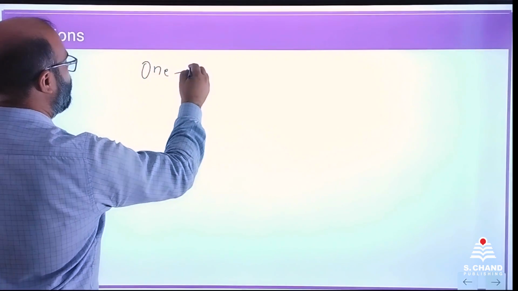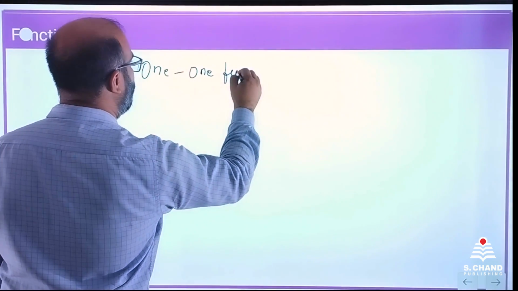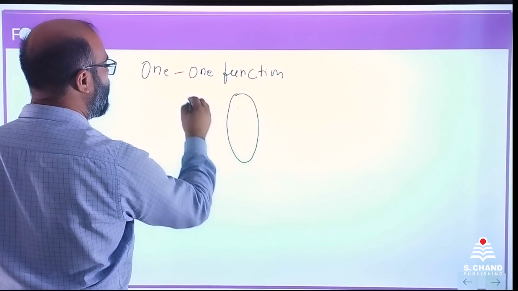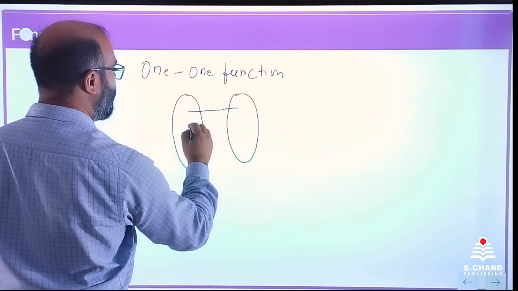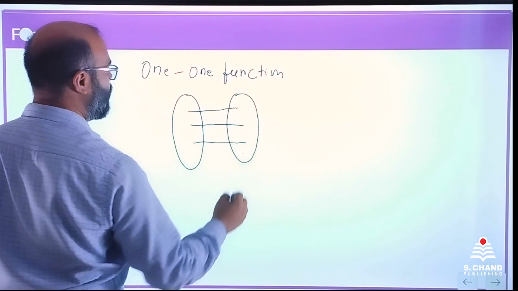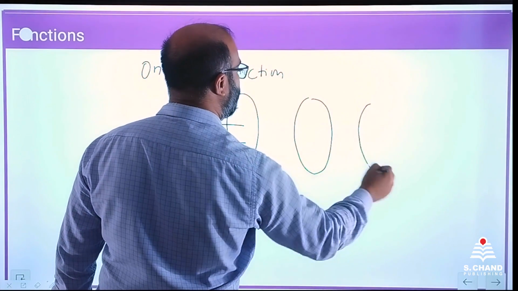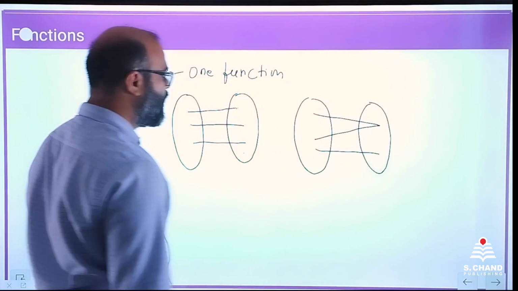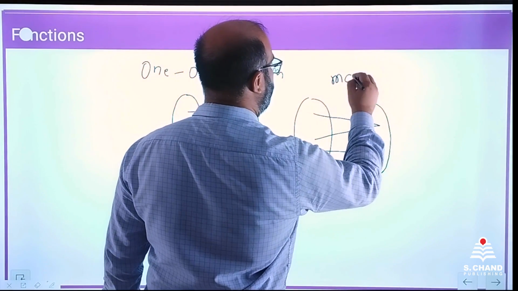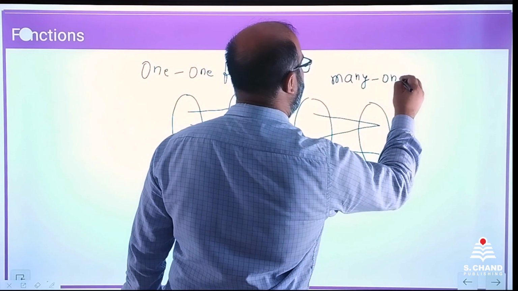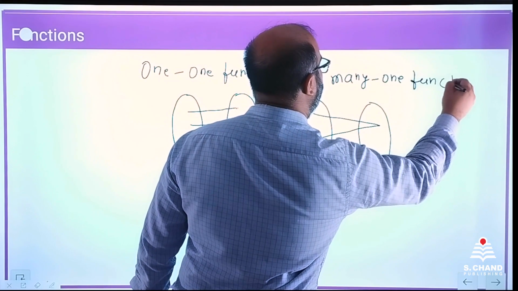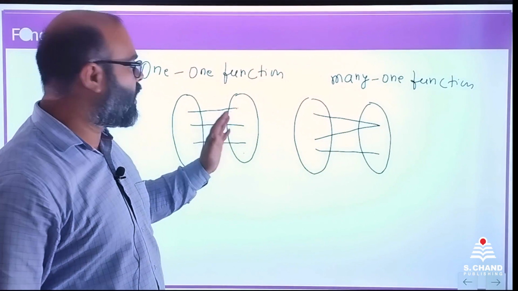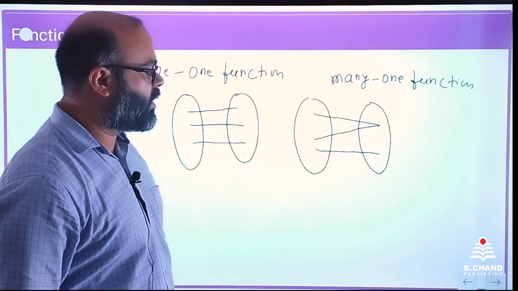What is a one-one function? One-one function is a function for which for every image we have a unique pre-image. So we can say that these type of functions are one-one functions. And if it is something like this, that an image has two pre-images, then it is a many-one function. The one-one function is represented like this in the roster diagram or the arrow diagram, and the many-one function can be written like this.